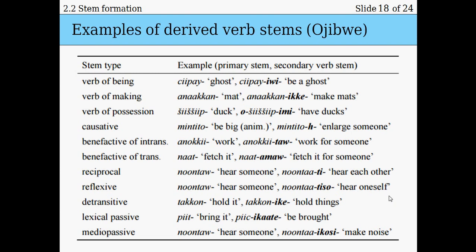So if you take a transitive verb like tagon, which means to hold it, you can add a suffix ege, which takes away the transitivity. So tagonege means to hold stuff, or to be a holder, right? But you no longer actually have to give an object. All right, so a very, very rich system of derivational morphology for forming verb stems and noun stems from other verb stems and noun stems.